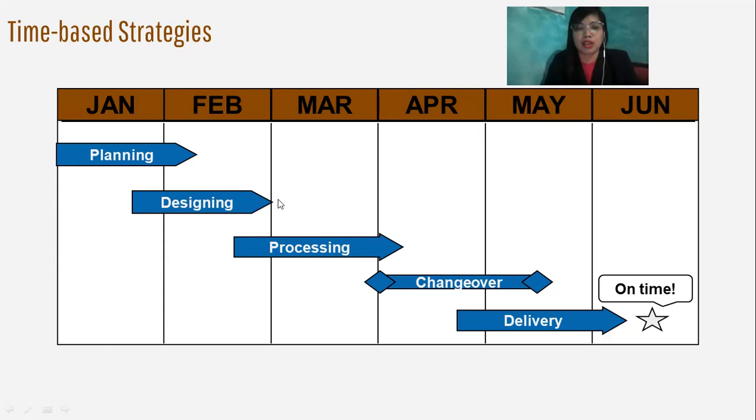You have your specific allotment of activities to specific times because you want to serve your products and services as soon as possible. So this is an example of time-based strategy.